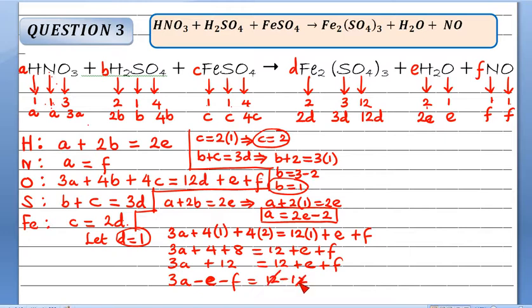Of course, that will become 0. So you have 3A minus E minus F is equal to 0.